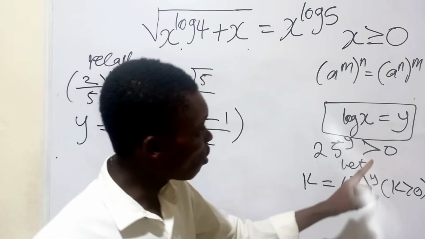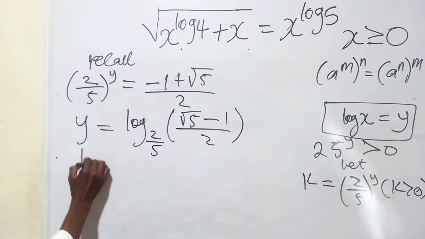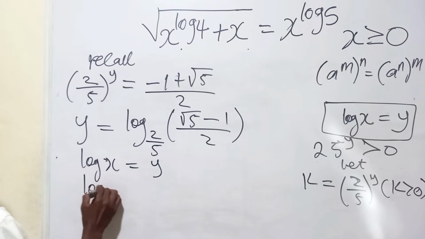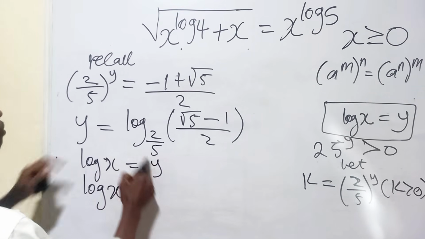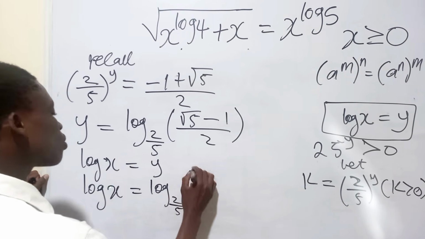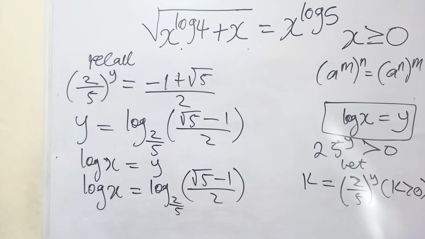All right, and also we need to recall that log x was equal to y. So log x was equal to what? y. And log x equals, our value of y is what? Log base 2 over 5 of the square root of 5 minus 1 all over 2. And so clearly what will happen? We'll obey the law of logarithm.